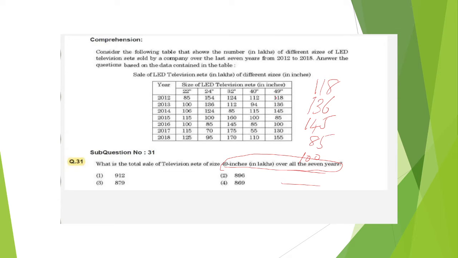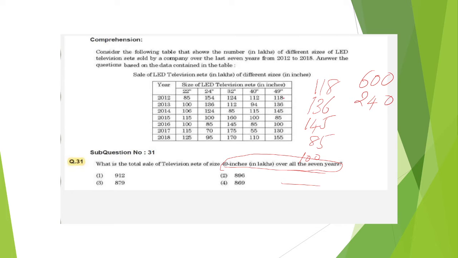That means first we have to do hundreds. How many hundreds are there here? One, two, three, four, five, six hundreds are there. Okay, hundreds are done. Then we have to do the sum of tens. How many tens are there? 10 plus 30, 40, 40 plus 40, 80, 80 plus 80, 160, 160 plus 30, 190, 190 plus 50, 240.